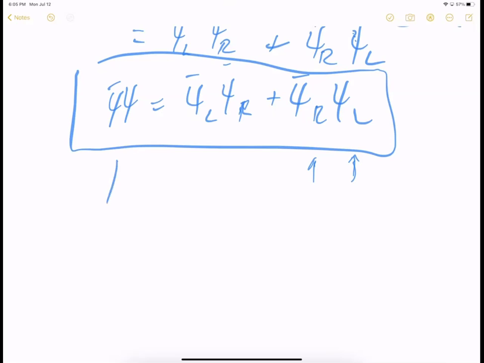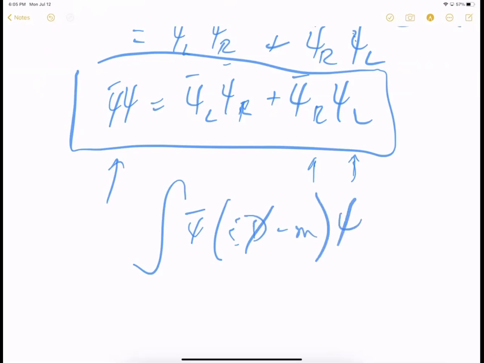Where do we see a psi bar psi in our initial action? The mass term. Okay, we've just gone right ahead and written the Dirac action, which contains a psi bar psi, but that does not violate parity.